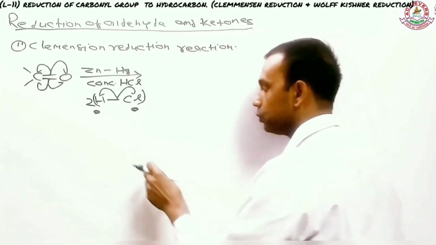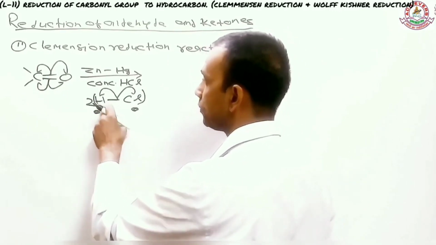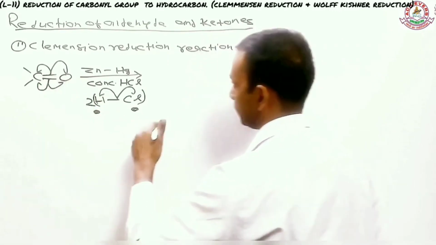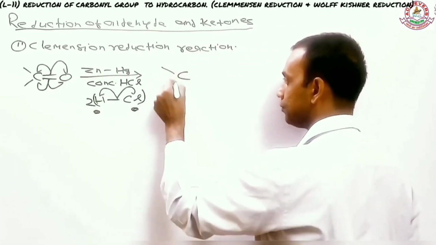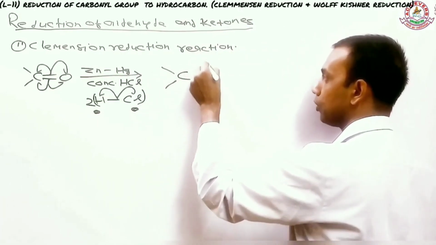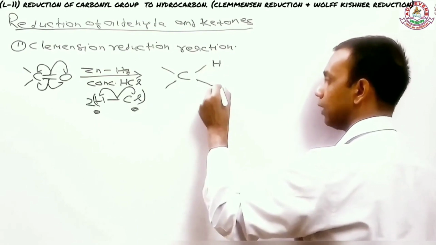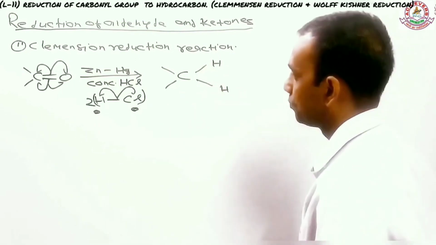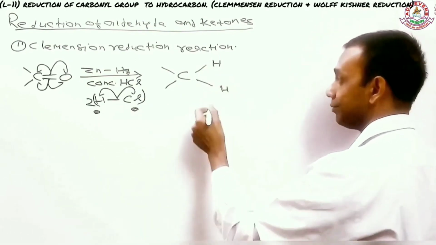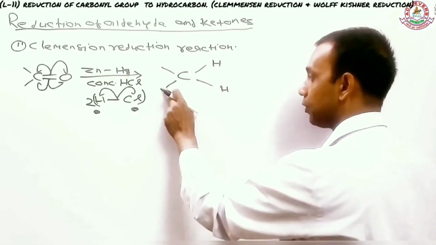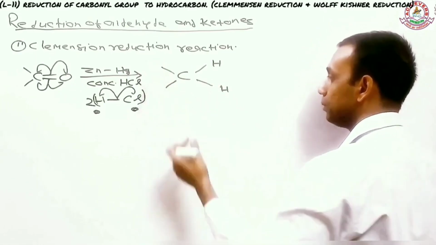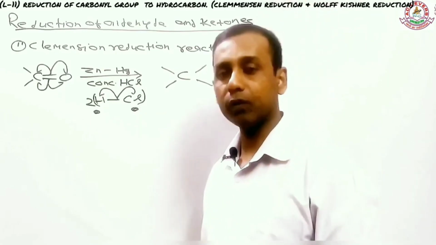So I will place these two hydrogens, removing the oxygen. Now this becomes C, and one of the places is occupied by H, the other is also occupied by H. This is the CH2 I am talking about, because there it can be anything. It can be carbon, it can be a functional group or anything.